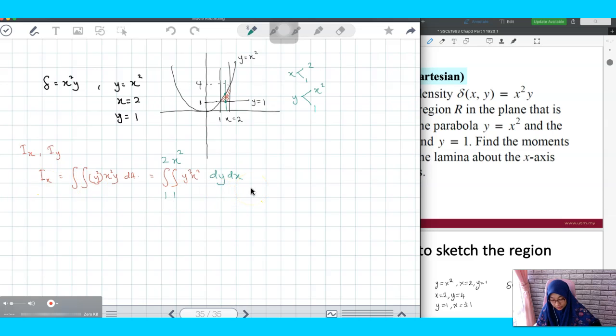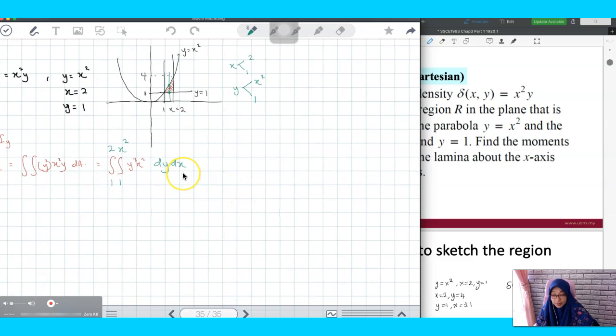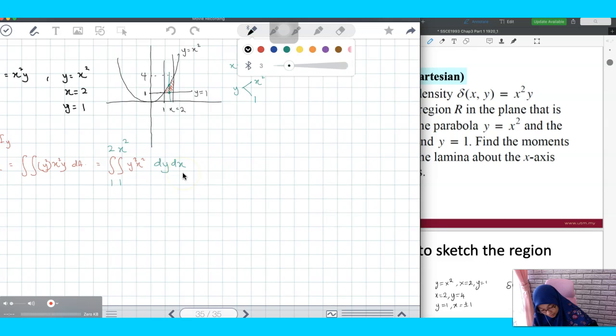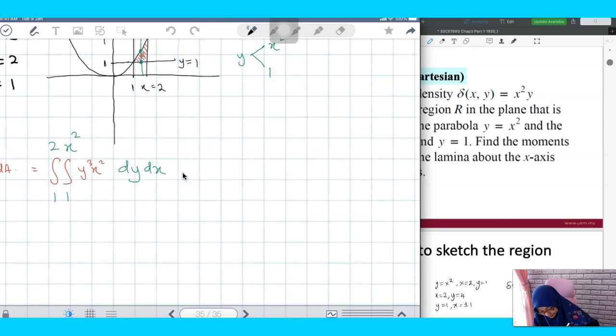Firstly, you have to integrate with respect to y. With x constant, you have y to the fourth over 4. Then replace the limits of y from 1 to x squared, dx.